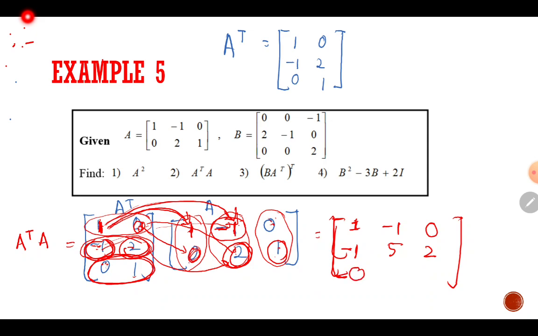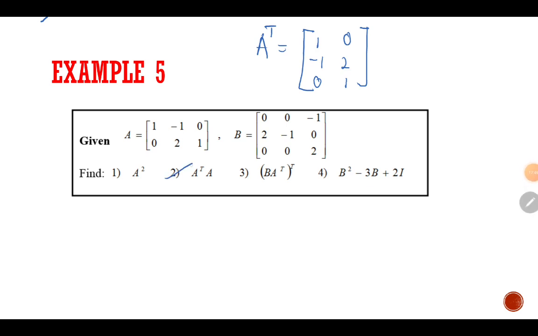Okay, and then the third row darab dengan second column pula, kosong darab negatif 1 is kosong, tambah 1 darab 2 dapat 2. Okay, and finally kosong darab kosong tambah 1 darab 1, you get 1. Okay, so this is our answer for number 2, A transpose times A.